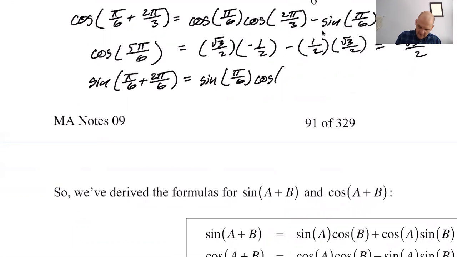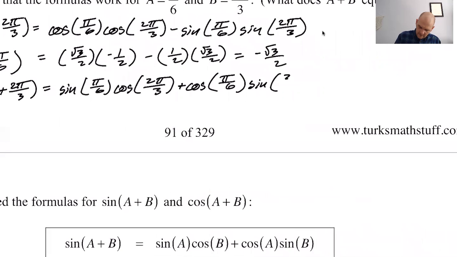So this will be sine, cosine. What are you? You're supposed to be over 3. And then plus cosine, sine. Autoshapes are killing me. All right, so now we just have to figure this out.